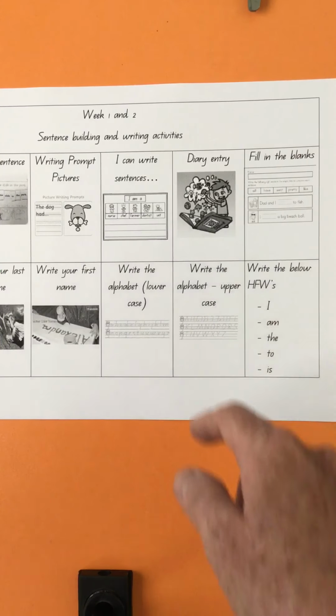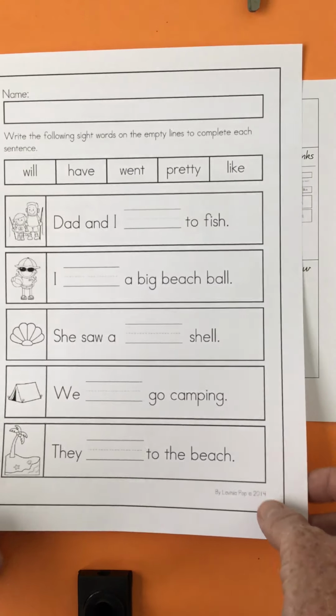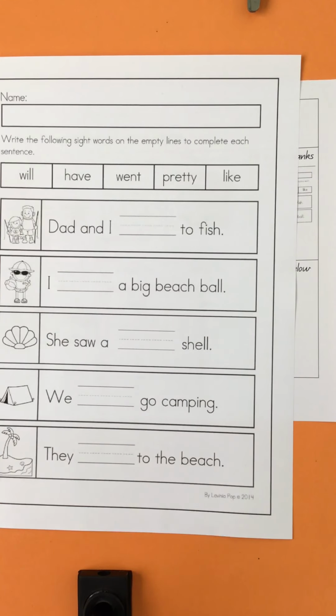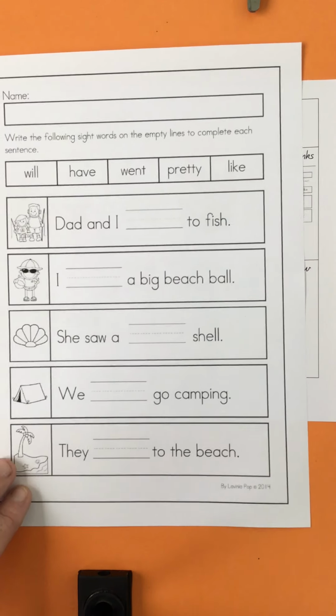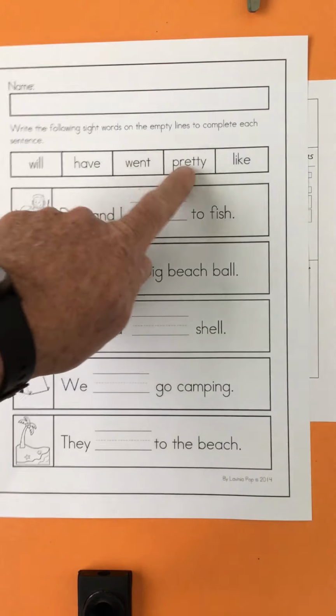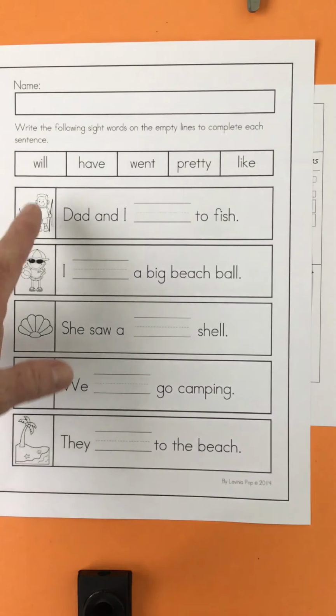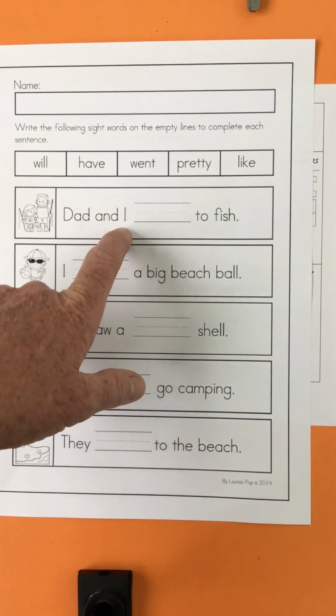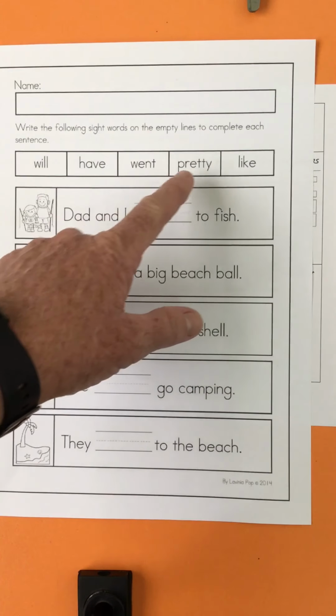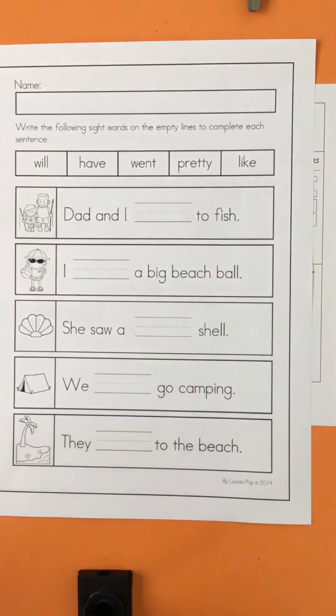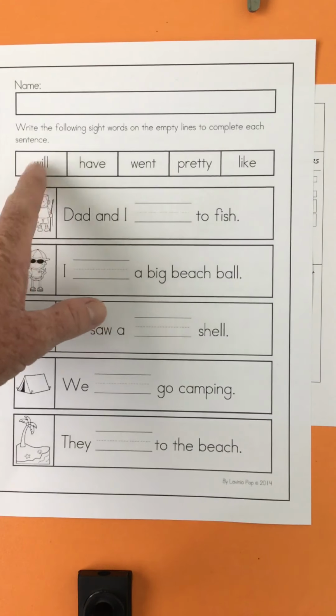And the last one is fill in the blanks. Again, look for a file that says fill in the blanks. This is your file. So you could go over these words with them. What are the words? Do they recognise any? If they don't, help them. Dad and I like to fish, or it could be will to fish.